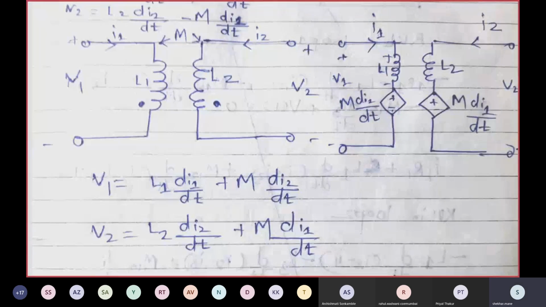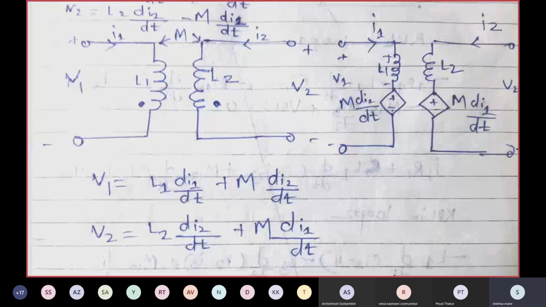Can you see this diagram? Both the dots are at the end side of coil 1 and coil 2. Yes, sir. So here in this diagram, both the currents, current I1 and current I2, are coming out of that coil.